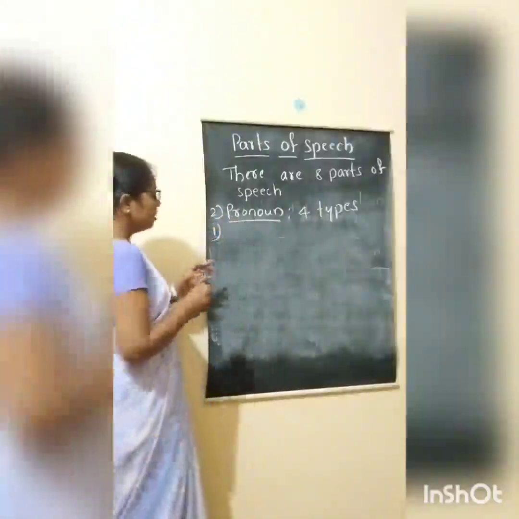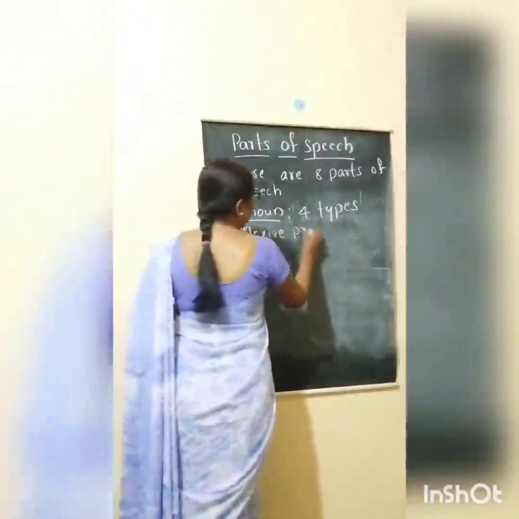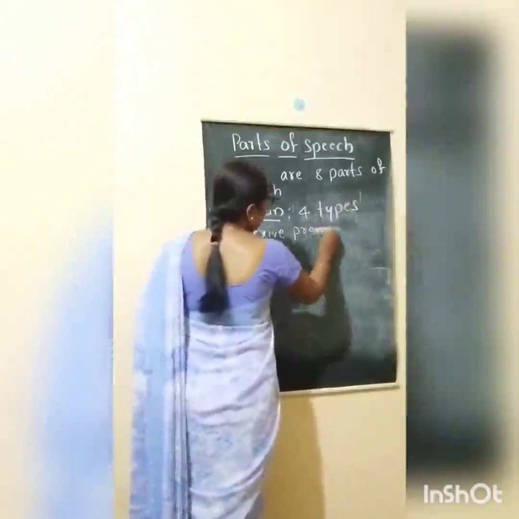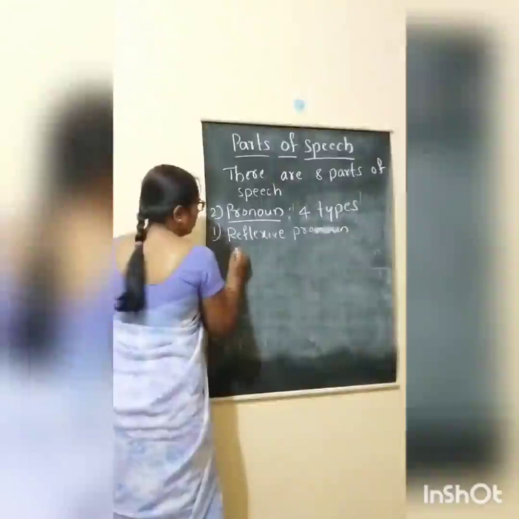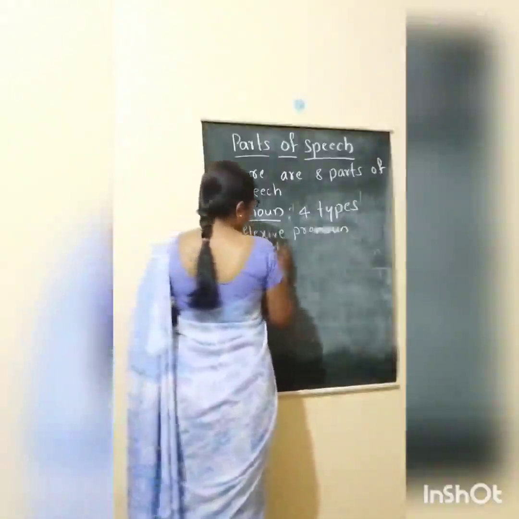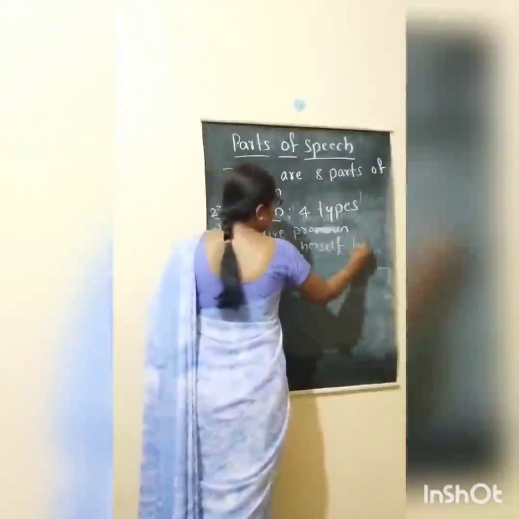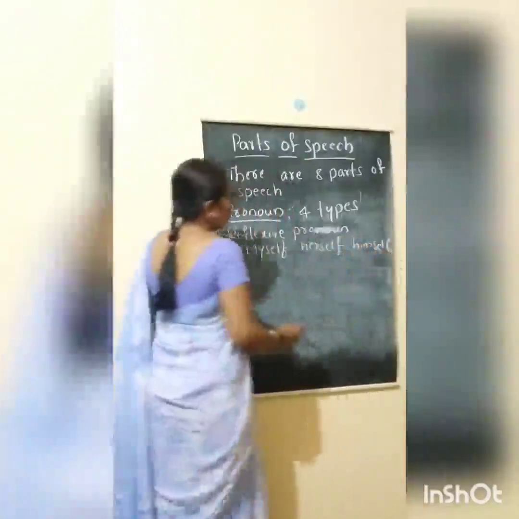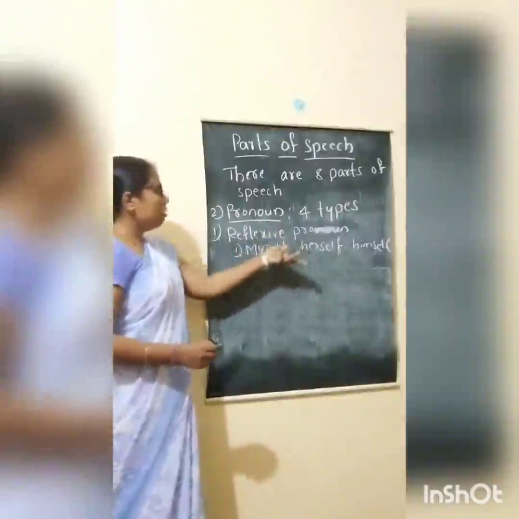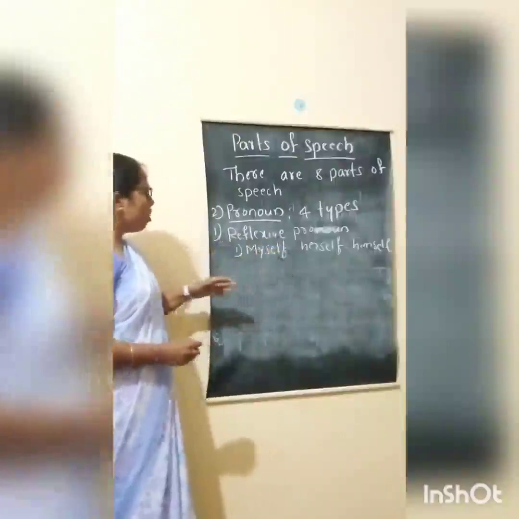First one is reflexive pronoun. For example, words like myself, herself, himself, etc. In a sentence, if we get this type of words, these are reflecting the pronoun and are called reflexive pronoun.